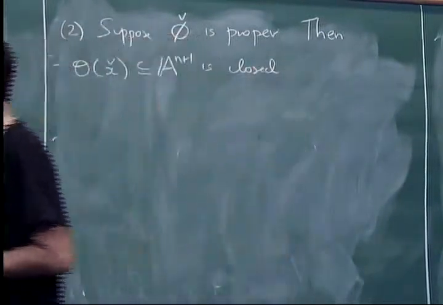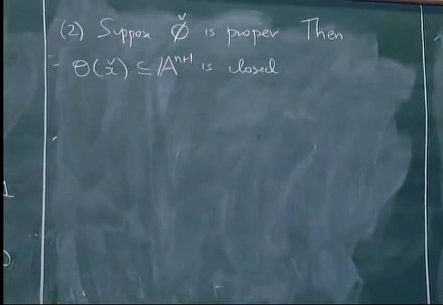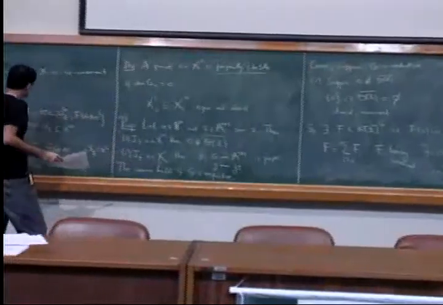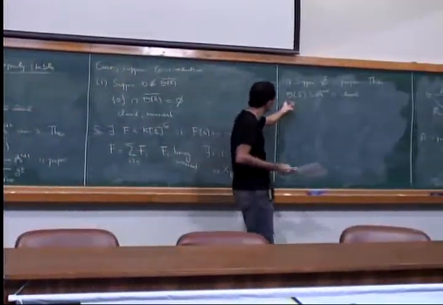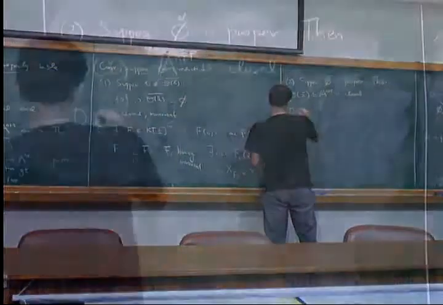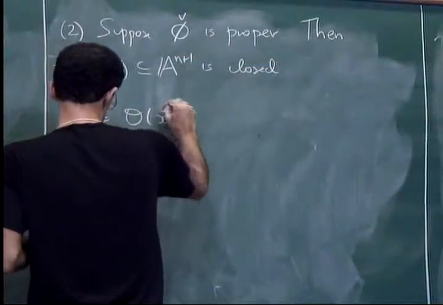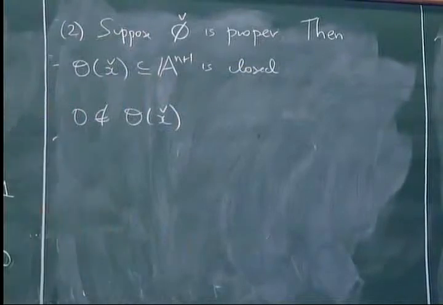Right? Now x check is non-zero, right? And we're acting by automorphism, so that means that the whole orbit is not zero. I mean, 0 is not in here. And so 0 is not in the closure as well, because it's the same thing.